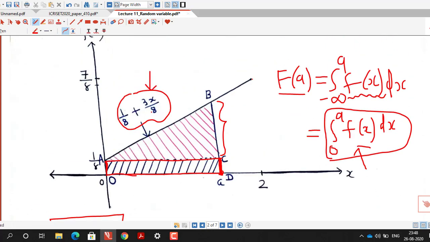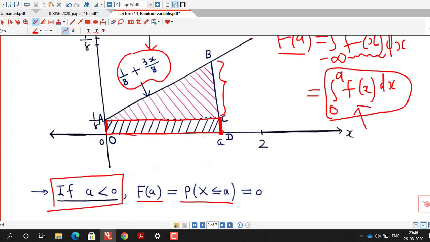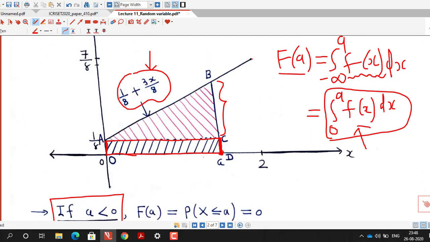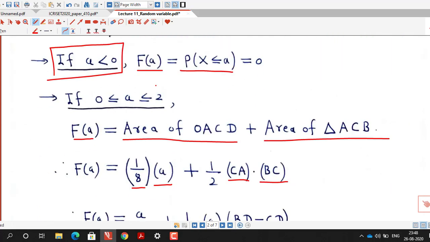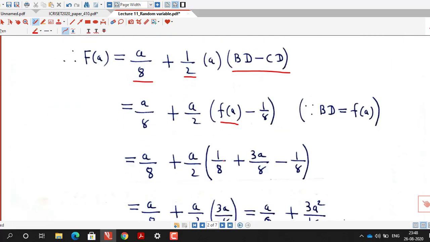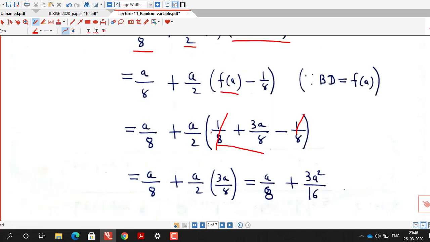So it is 1 by 8 plus 3a by 8, replacing small x by a. So f of a is 1 by 8 plus 3a by 8 and CD is 1 by 8. You can see 1 by 8 will cancel out and we are left with 3a by 8 into a by 2. So after simplification, this is a by 8 plus 3a square by 16.